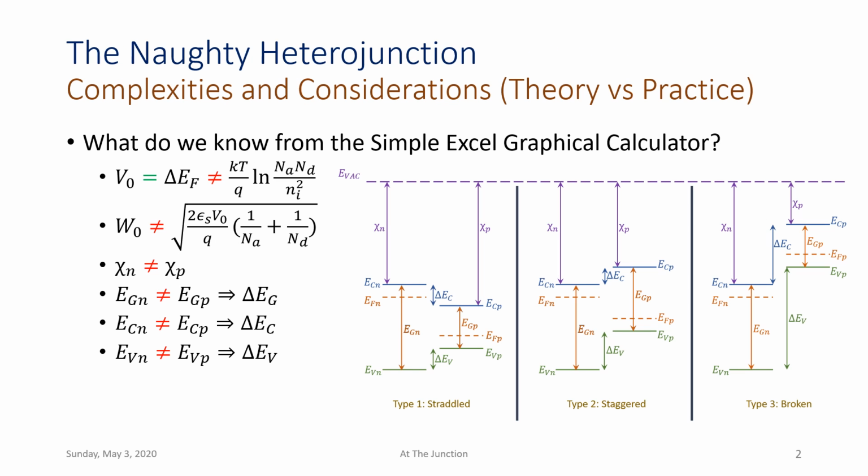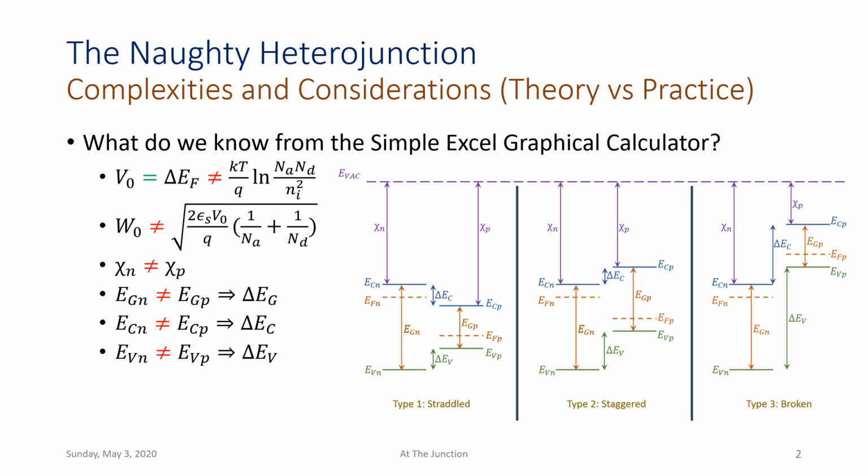Now we move to heterojunctions, and we know from the Excel calculator that at the junction we would have fixed ions that form charges and a charge density.